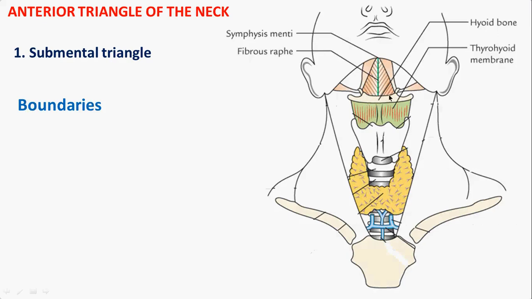So this is the apex and this is the base. So you can see clearly the boundaries of the submental triangle.